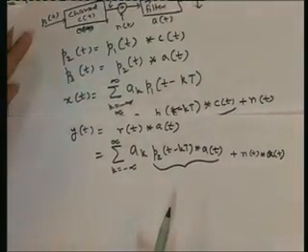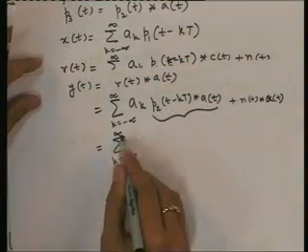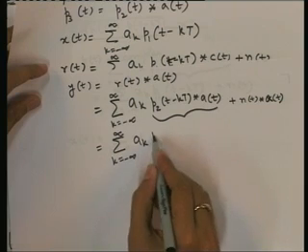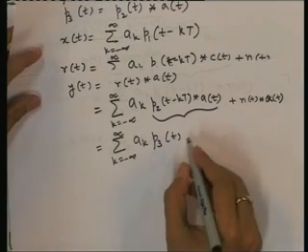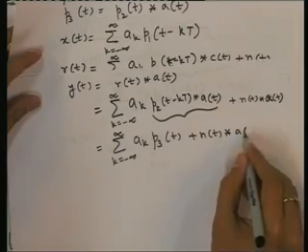That is the result of convolution: if we shift one component by some time tau, then the result also will shift by tau. So here we can say this is the sum over k from minus infinity to infinity of a_k p3(t minus kT), plus n(t) convolution a(t).